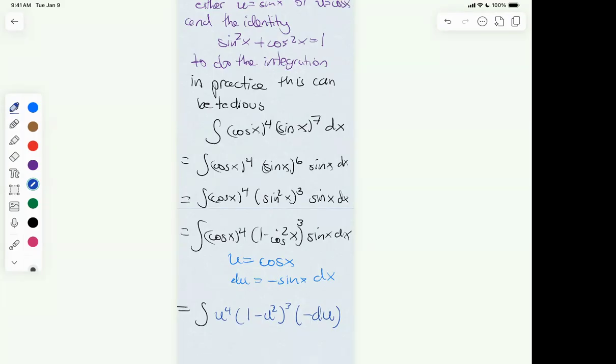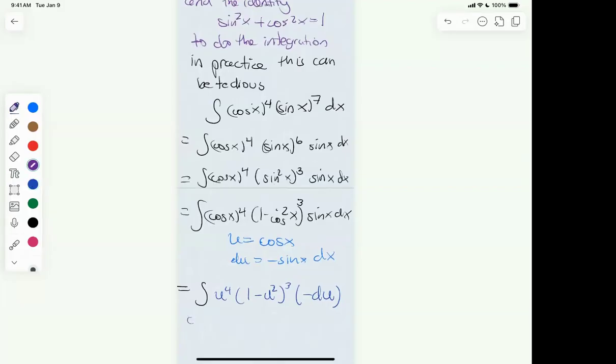But in practice, once you get to something like this, there's a thing called the binomial formula that tells you how to expand these powers. That's not our intent. Usually the powers will be smaller so that it's realistic to integrate. It can be integrated, but it just takes a while.